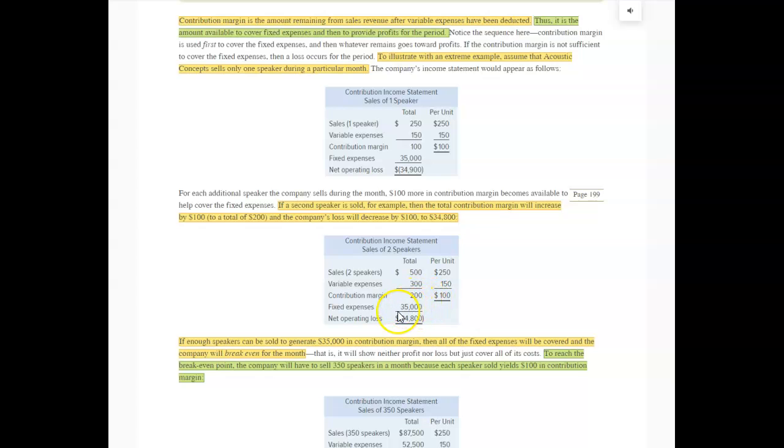That's going to help pay for very little of the fixed cost. So we subtract these out, and our net operating loss is only $34,800 for 2 units, as compared to $34,900. So this is showing you that per unit, our contribution margin is $100. So that means for every unit we can sell, we have $100 of contribution margin.